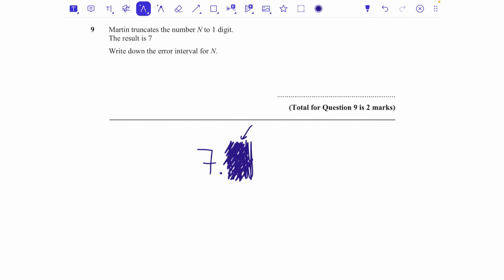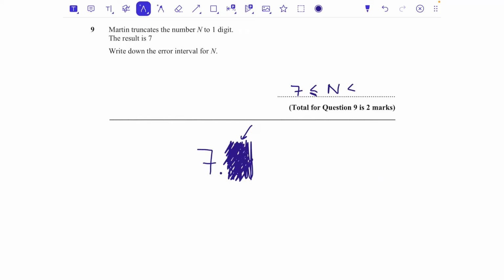So at this end down here, now error intervals we do like this with an equal to at the lowest end, because it could actually be 7.0. So 7 is the smallest value that it could take. Or the biggest value that could be behind that scribble would be 9 recurring. Now that is basically 8.